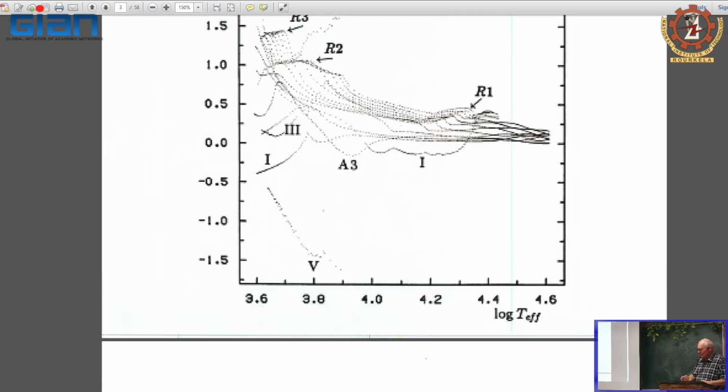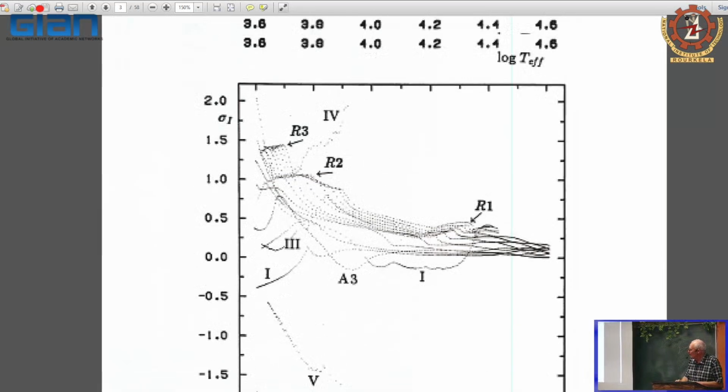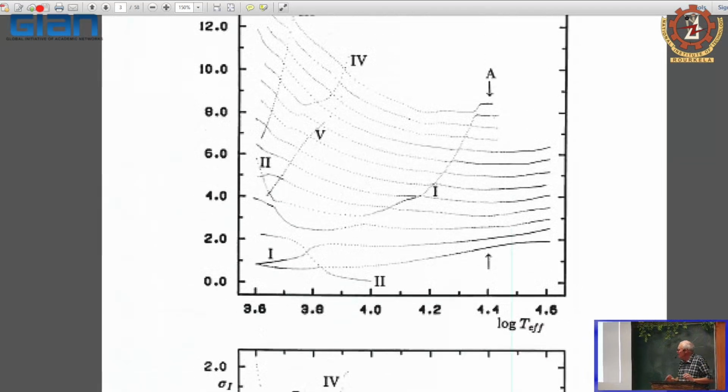These are the imaginary parts. You see these maxima seem to be reminiscent of these bubbles which are now merged or smeared out, whereas in the real part you still see some trace of this mode running through.